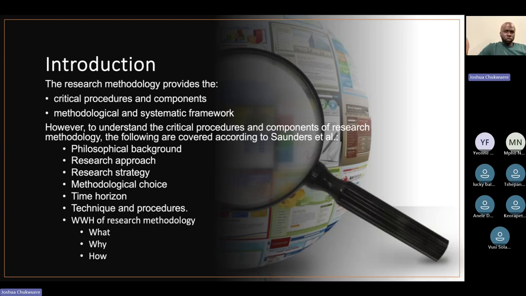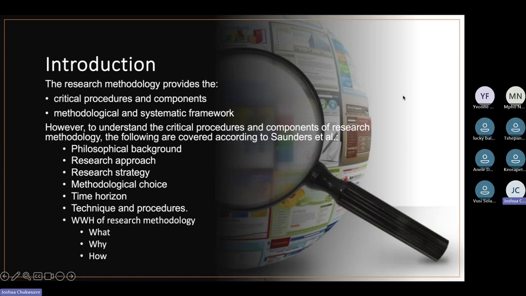When you look at Creswell, Oates, and all these people, they all have a standard way that they have structured research methodology. We're going to follow the standard approach in order for us to go on with this presentation, this aspect of our learning.